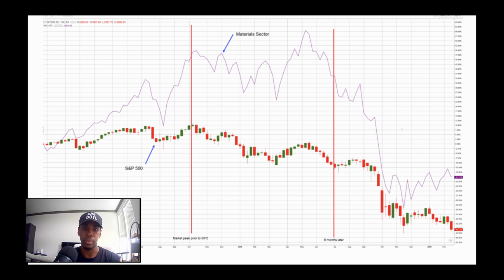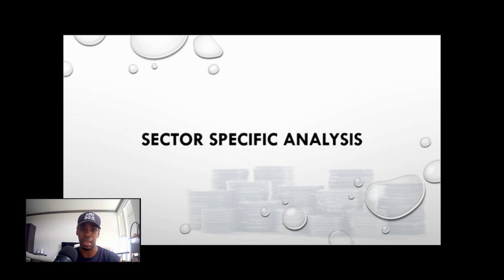So then there's the sector-specific analysis, which is the second stage, and it involves analyzing the 11 market sectors we talked about before. The current market positioning on the economic cycle affects the performance of the sectors.